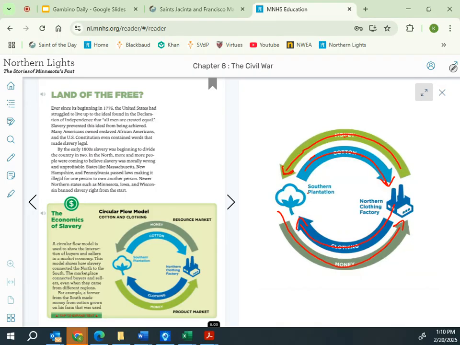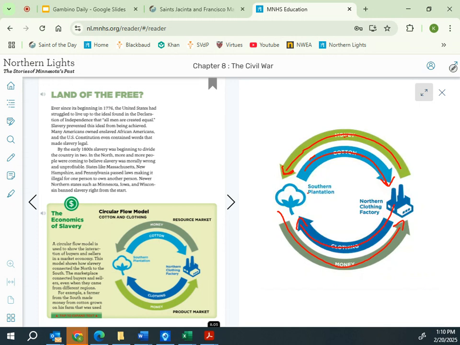No, now they might sell it to the North for $15 because they need to make a profit. So the North, even though they don't allow slaves, is still benefiting from slavery because things are cheaper. Because the people doing all the work in the South aren't getting paid for it, they sell it cheaper. They have to pay for it. All of a sudden that price goes up then for the North.